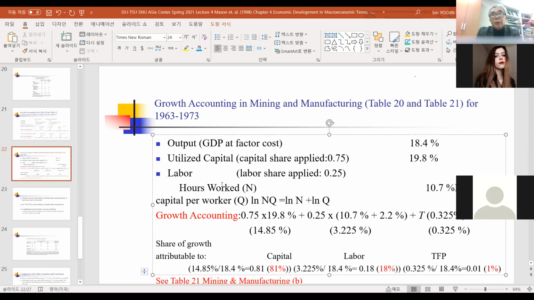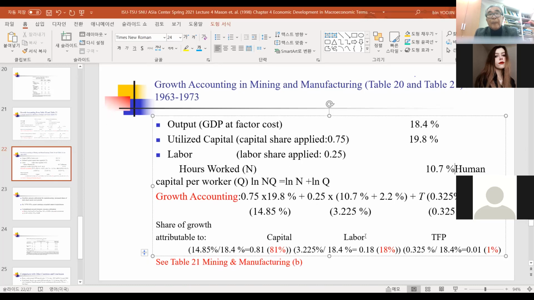So this means if you take the derivative, the growth rate of N, working hours, should add up to the growth rate of Q, the quality index. That's what I'm saying here. You have to add 10.7%.